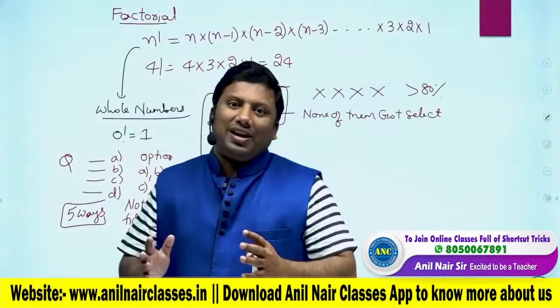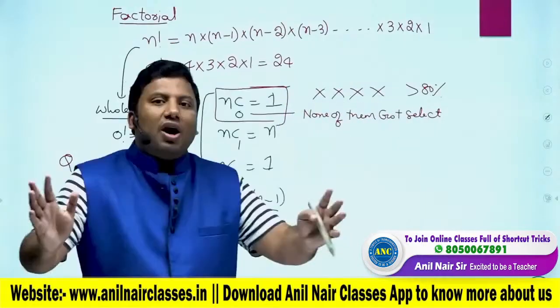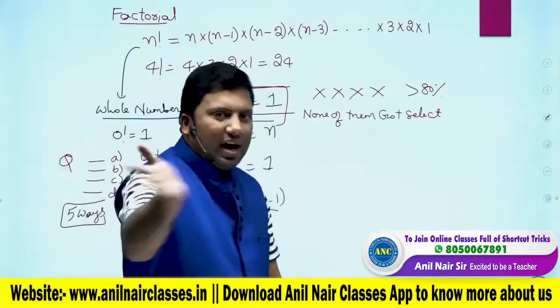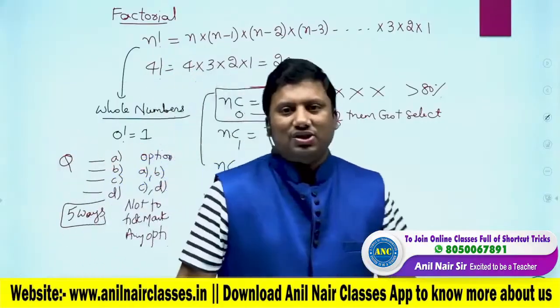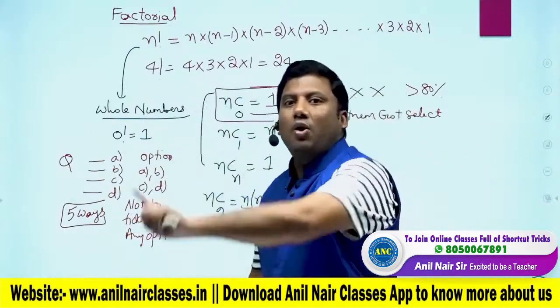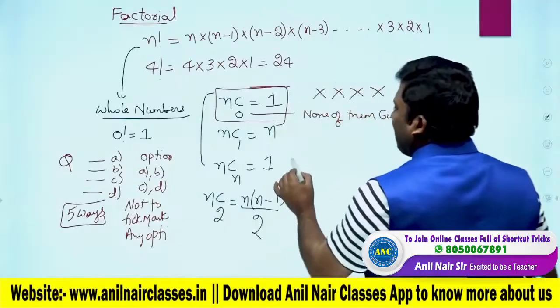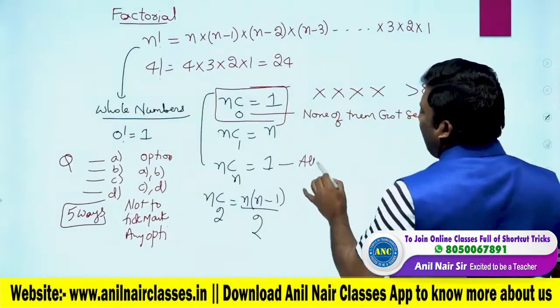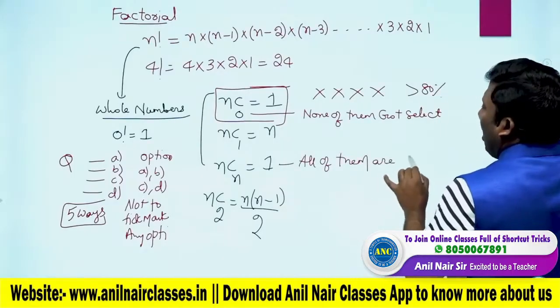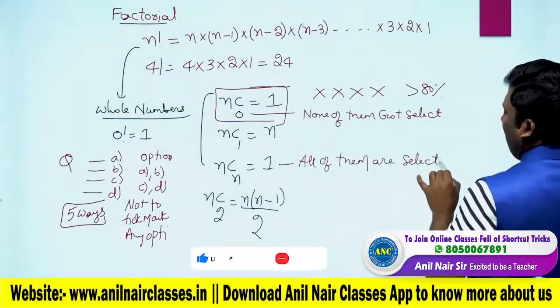I entered into the class. I said, how many of you got greater than 80%? Everybody stood up. I said, come, let's have fun outside the class today. In how many ways can they be selected? All of them can be selected. It is only 1 way.